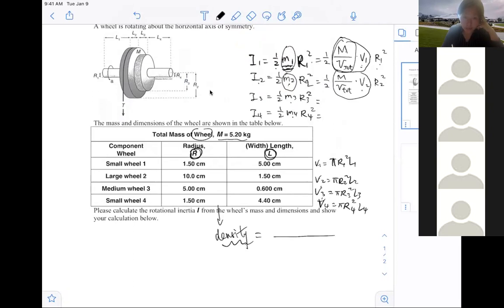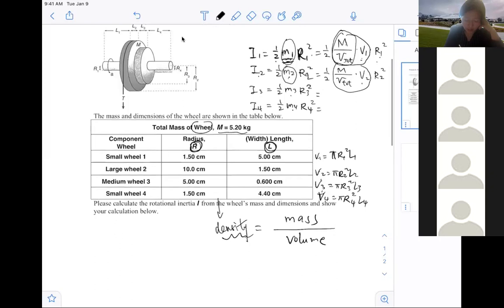Density would be mass divided by what? What quantity? Volume, thank you very much. Yes, very good. Melina and Nicholas, mass divided by volume is the density.